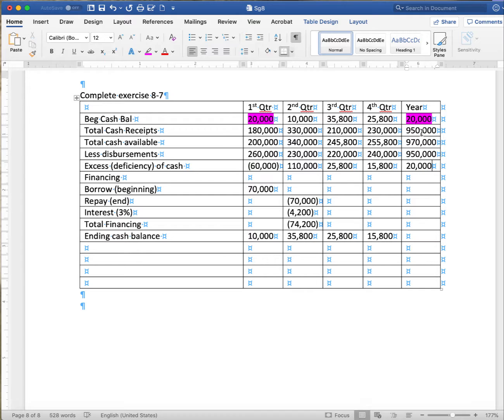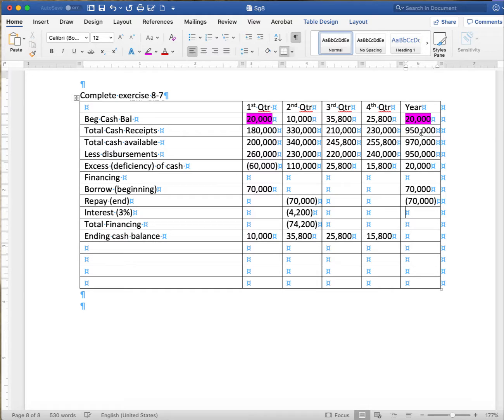Okay. Total borrowed, well, that's $70,000. Total repaid is my $70,000. Total interest, well, that's $4,200. The total financing for the year has to be the $74,200.